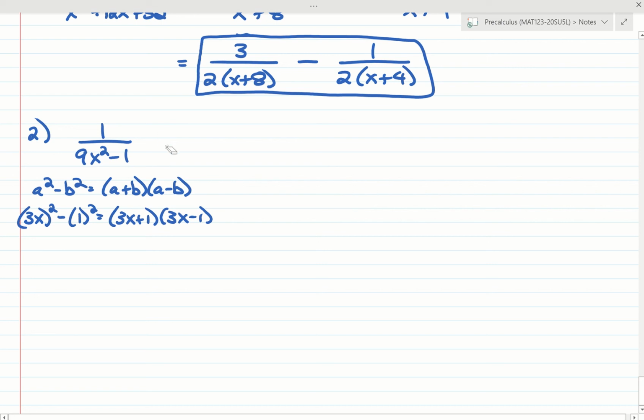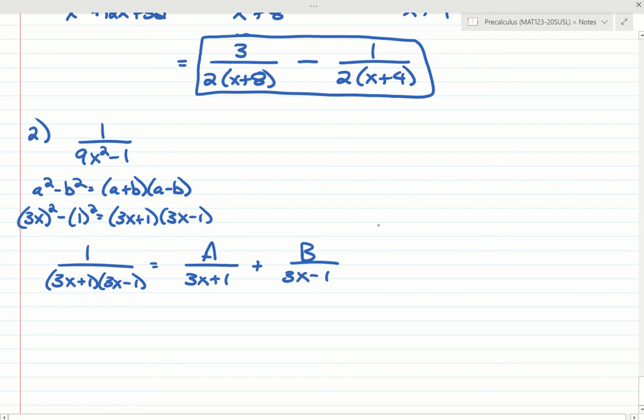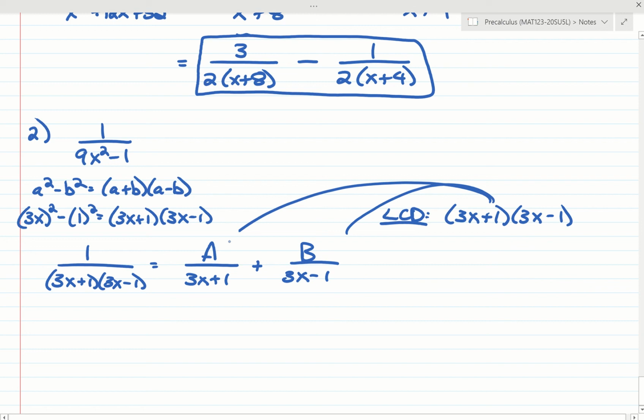Let me just write this fresh here. We'll do the same thing we did in the last problem. Our least common denominator was 3x plus 1 times 3x minus 1. And it's just a little bit of writing, but that's not hard math.